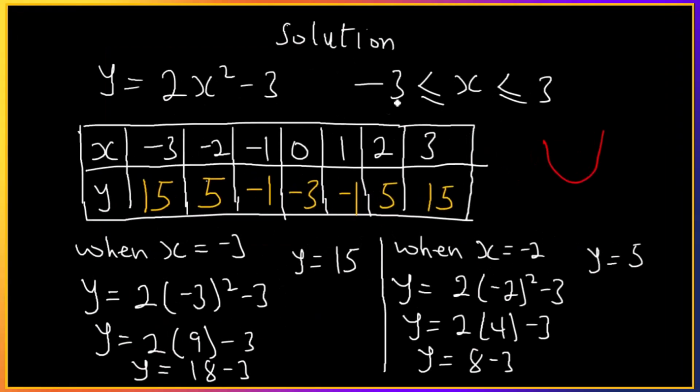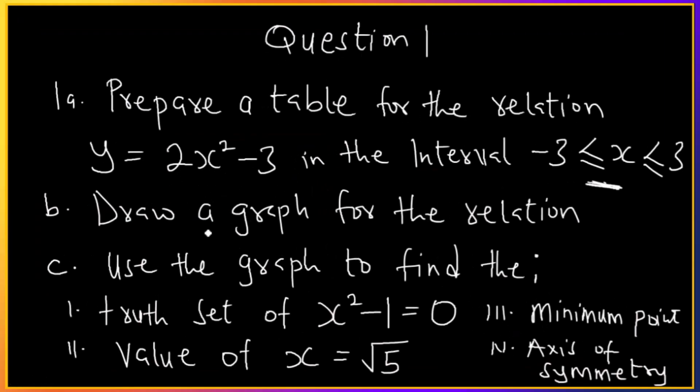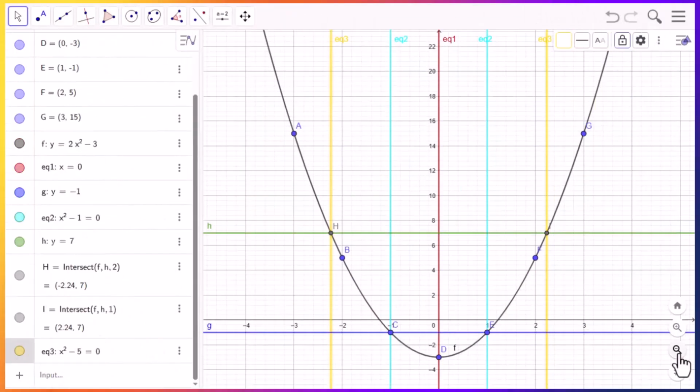So we were able to come out with the table, which is this. We were able to come out with our graph, which is the graph of our relation.